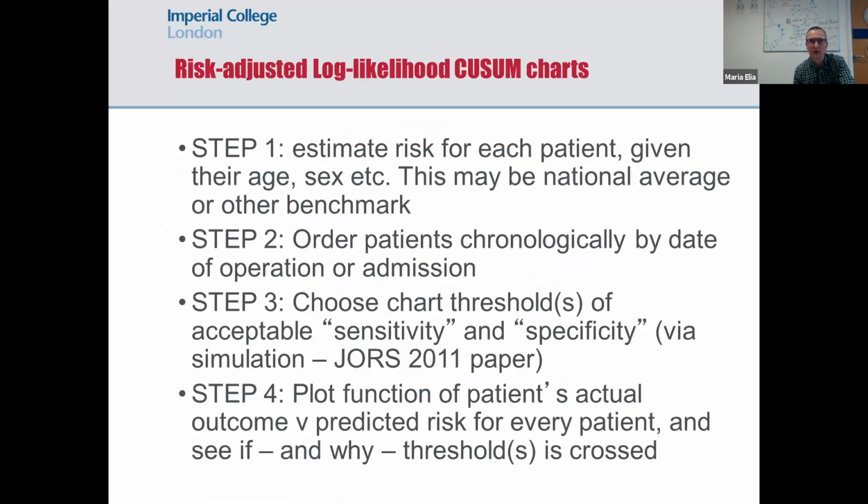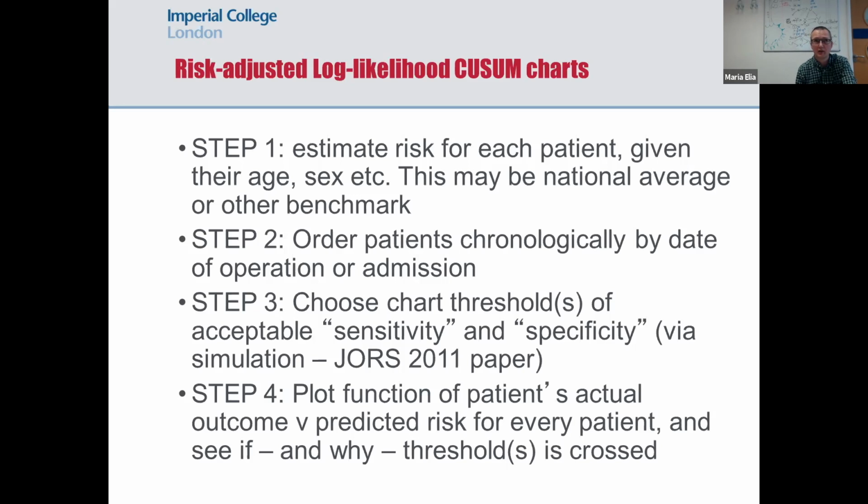Those of you who like a little bit of detail will want to see exactly how we produced these charts. So we want to estimate each patient's risk of death, given their age and sex. Then you order the patients at each hospital by date of operation or date of admission. Then you want to choose your threshold on the chart.